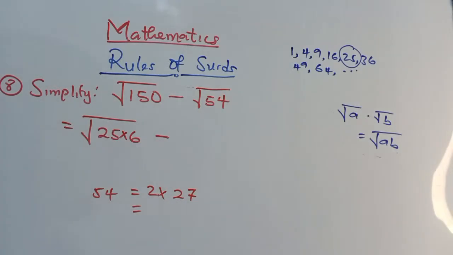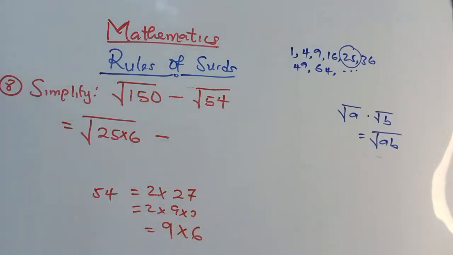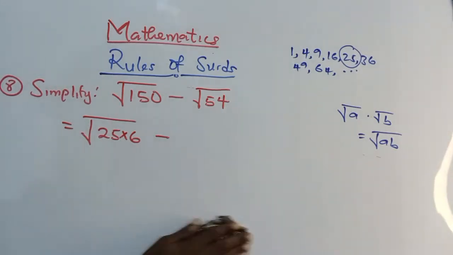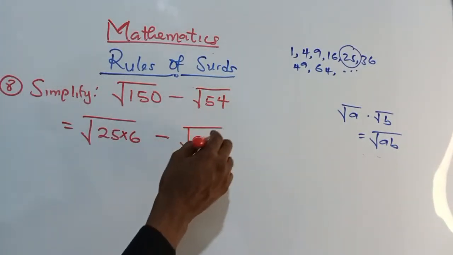Let's look at another factor. 9 times 6 will give us 54, and 9 is a perfect square number. We can use 9 times 6. So for 54, we use 9 times 6.